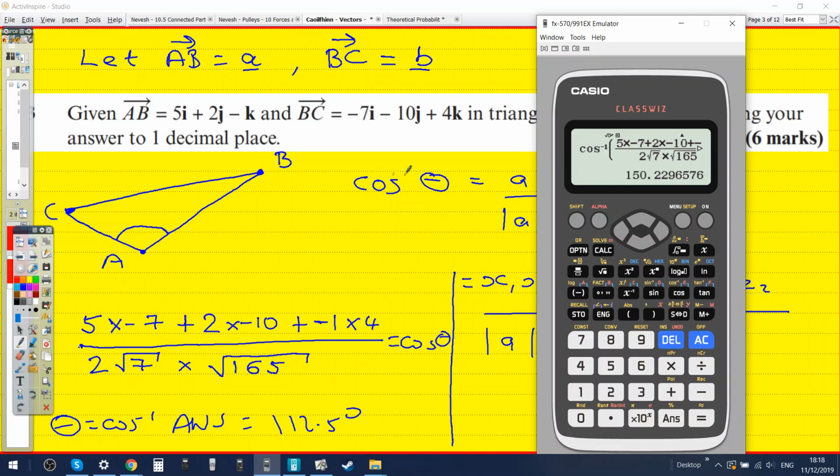The magnitude of the first one: square root of 5 squared plus 2 squared plus 1 squared is root 30. I thought that we had to minus 1 squared. What is minus 1 squared? 1. Yep, which is the same as plus 1 squared.